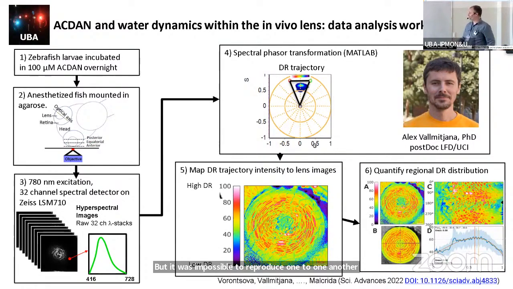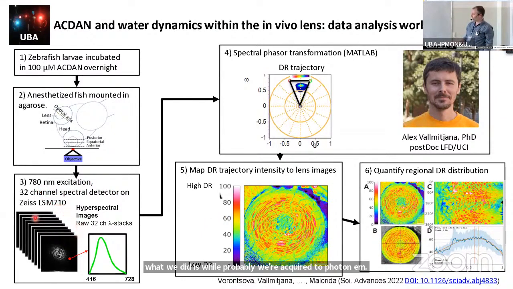And we wanted to understand the water dynamics in the cross-section at the center and the different regions in the lens. The lens is not round, it's like a walnut, elongated in the bottom. So it has a weird shape. And what we did is, first of all, we acquired 2-photon images in 32 channels at this size, 710.